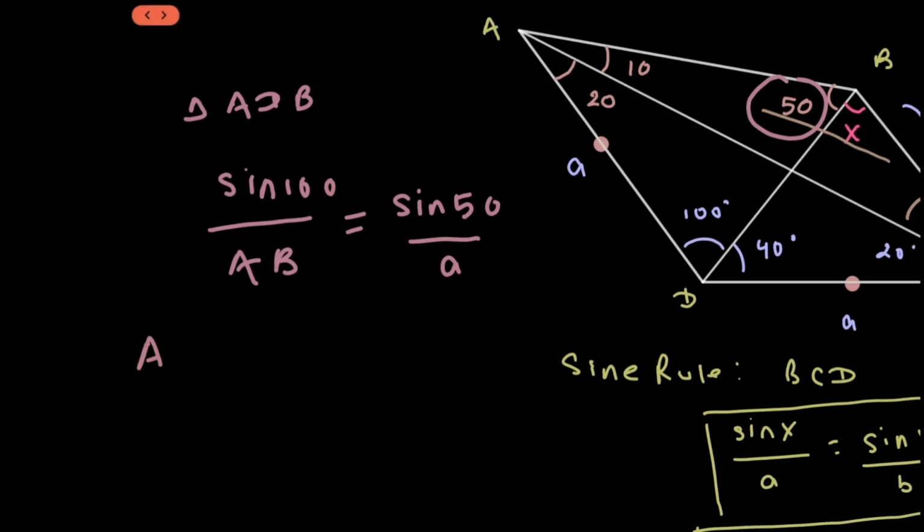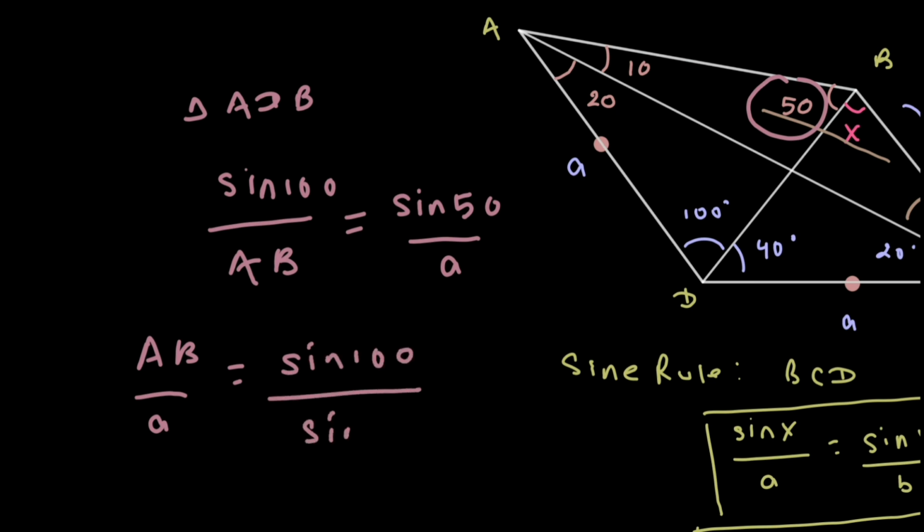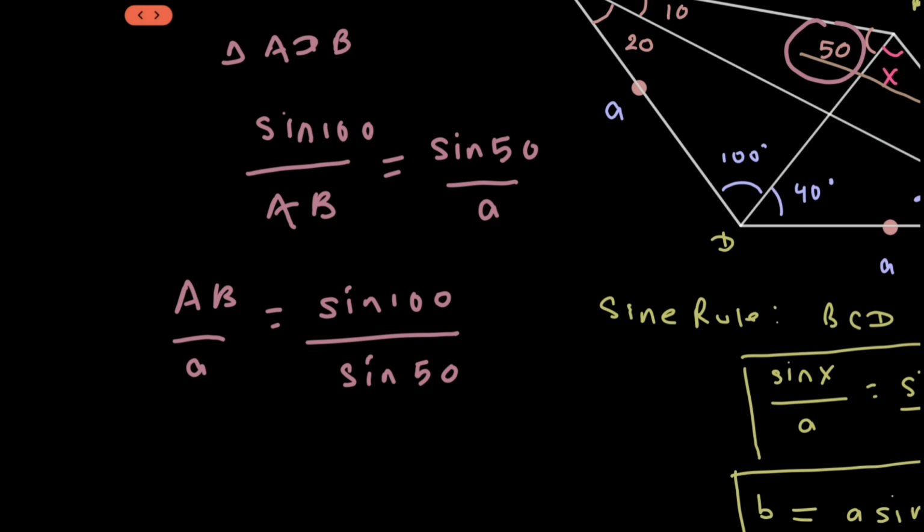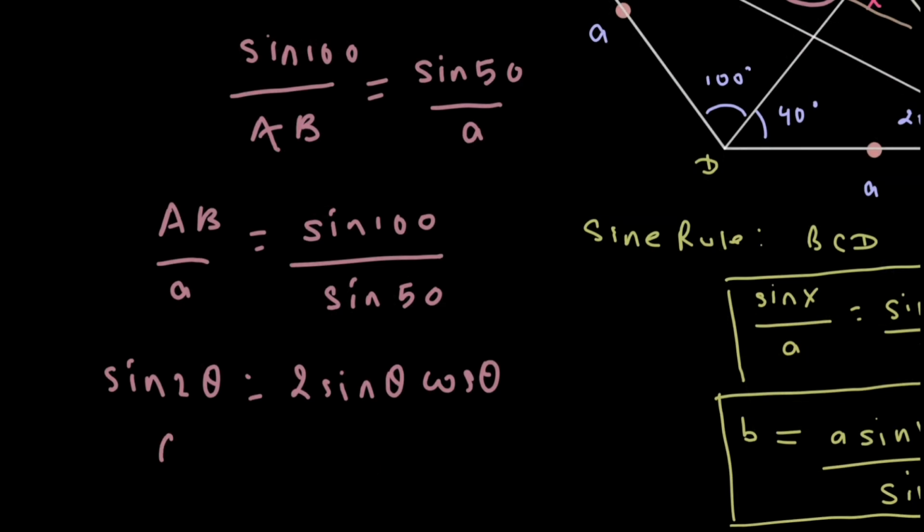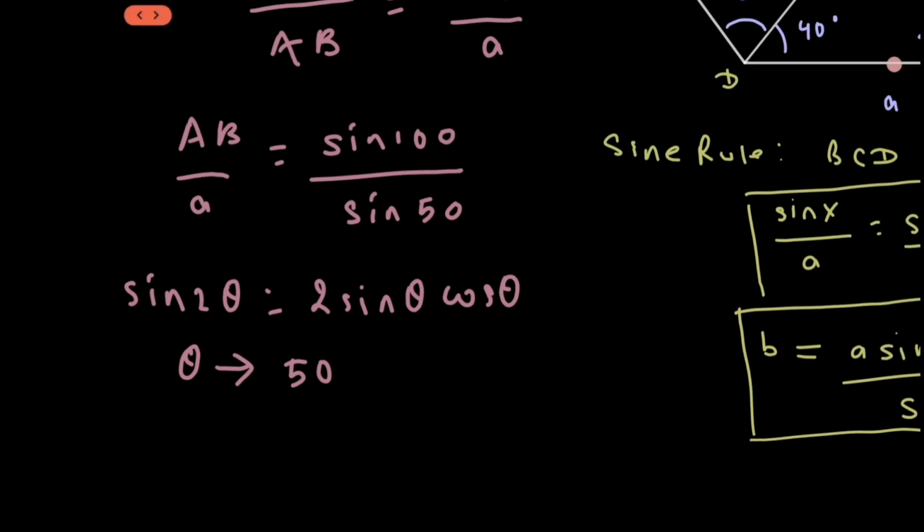I will get the value of AB upon A equals sine of 100 degrees upon sine of 50 degrees. Now recall the identity that sine of 2 theta equals 2 sine theta cos theta. In this identity, if I replace theta with 50 degrees, I get sine of 100 degrees as 2 times sine of 50 degrees cos of 50 degrees.